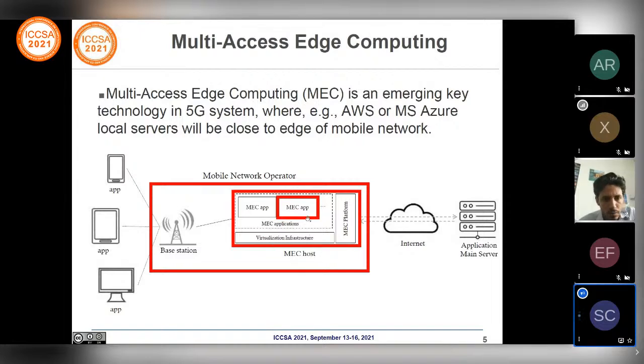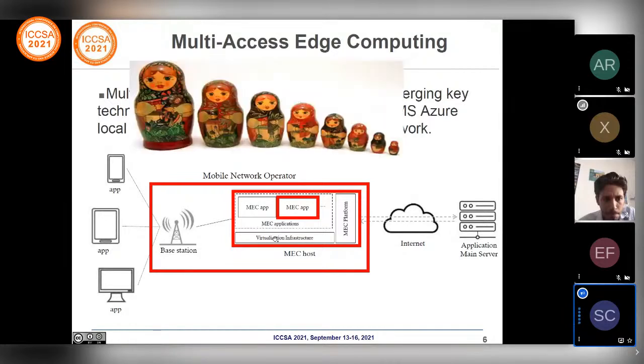These MEC applications are in communication with their main server, but mainly they are doing the job in the MEC host. In our study, we are focusing on these three boxes. They are like these Russian Matryoshka dolls. They are inside each other, but independent entities after all.